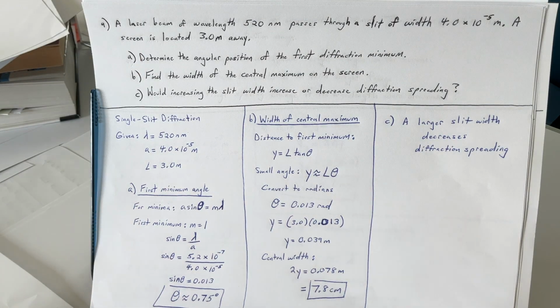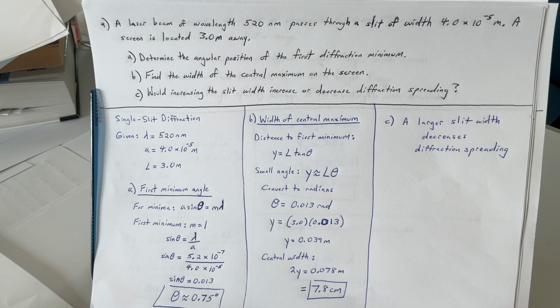For the first minimum angle, a sine theta equals m times lambda. Now, our first minimum has m equals 1, so sine theta equals lambda over a. Substituting what we know in scientific notation, converting those nanometers, sine theta equals 5.2 times 10 to the negative 7th over 4.0 times 10 to the negative 5th.